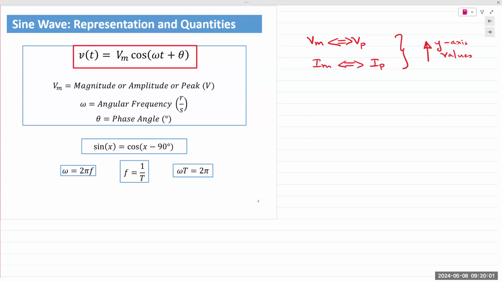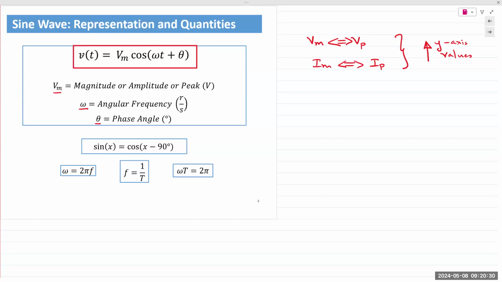The phase is kept separate from the frequency, and phase is described in degrees, not in radians. We can, of course, combine them by converting degrees to radians and vice versa, but we keep it separate for mathematical purposes, and we will see that in the next few slides. So these are the three quantities that we need to be aware of.